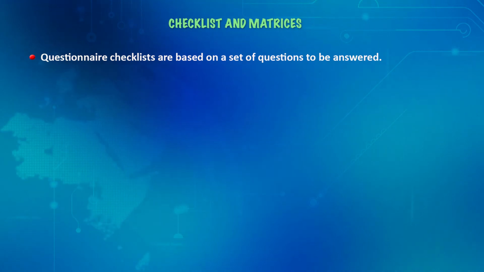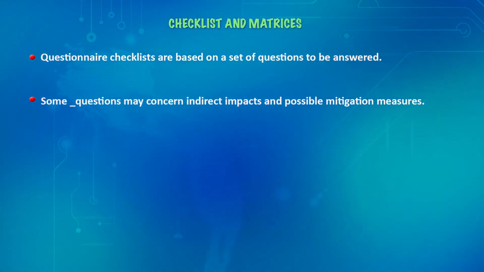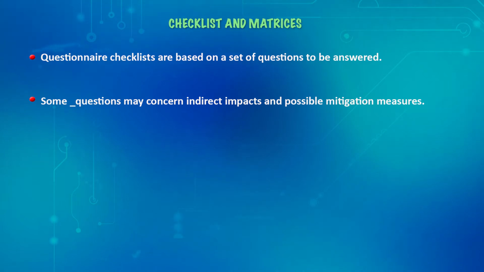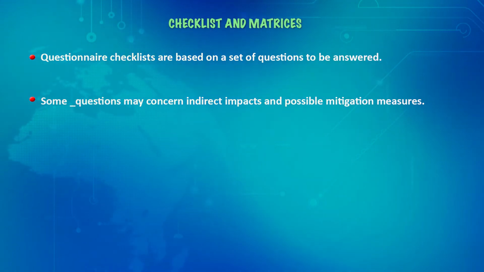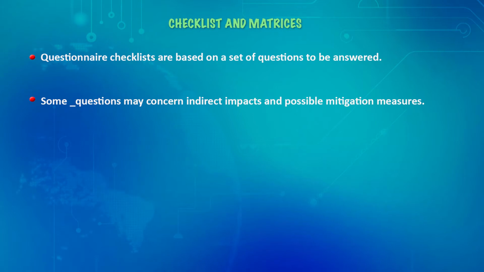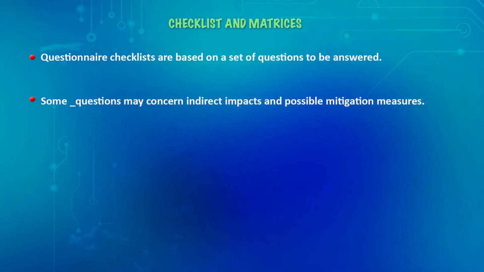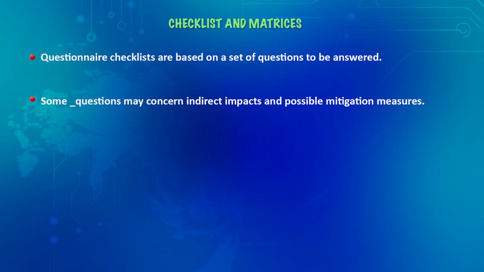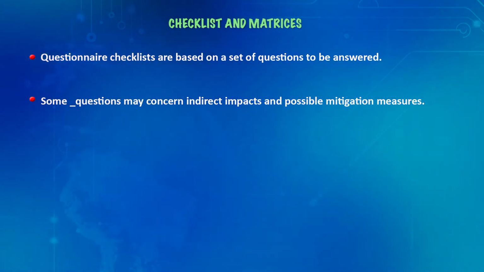The questions concern the indirect impacts and possibly the mitigation measures as well, because the questions can also include mitigation options, adaptation, and alternatives. All of that will be deciphered through this questionnaire checklist method.